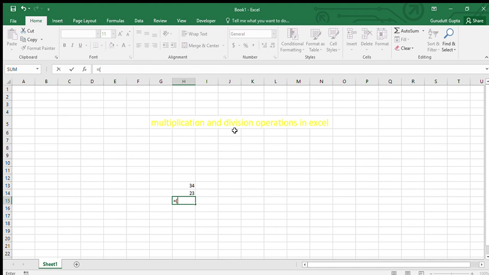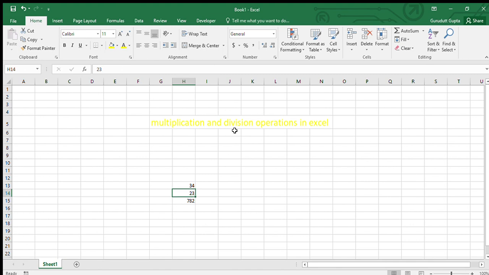H14 multiplied by H13. No. Sorry. H13 bracket close and enter 728, and that's the right answer.